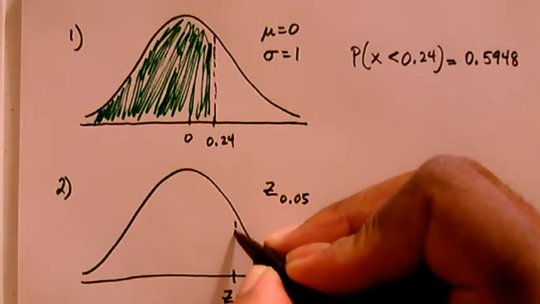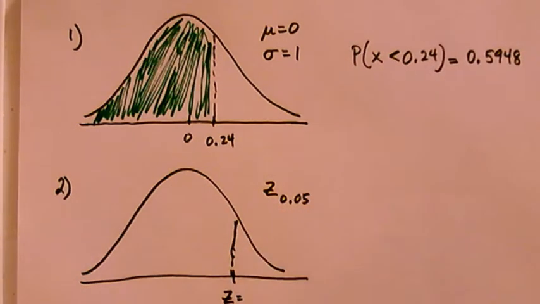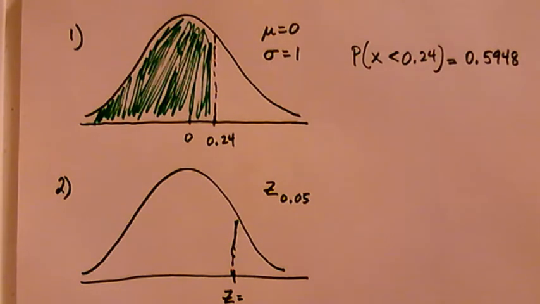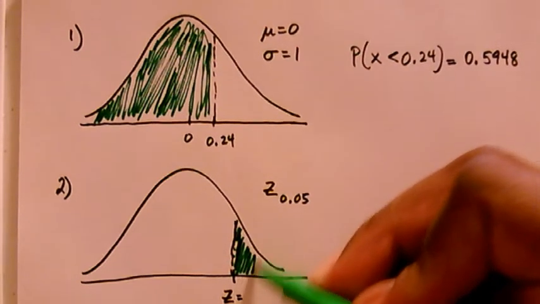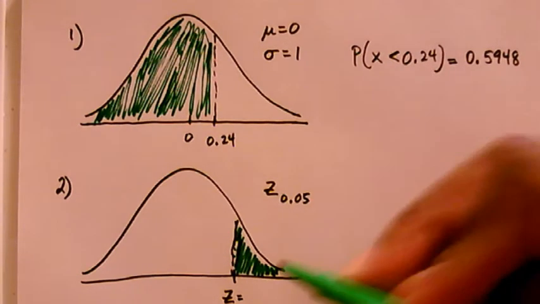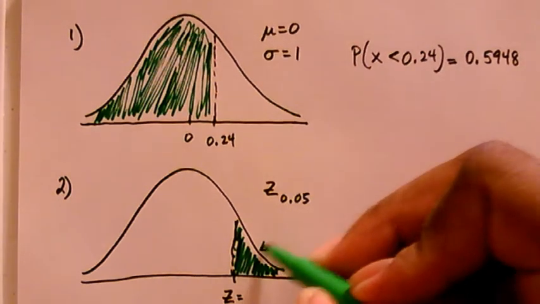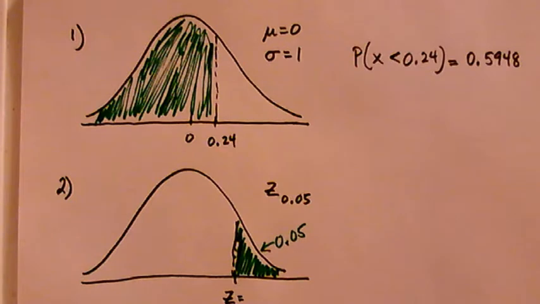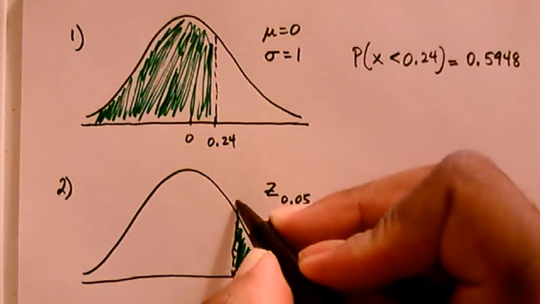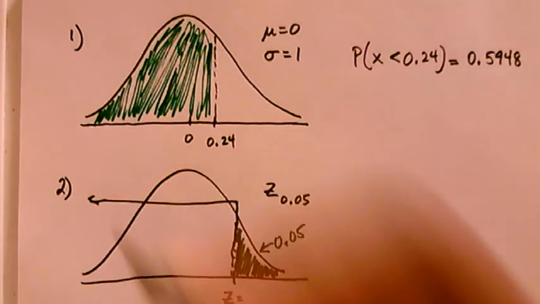Now the critical value deals with an area that is to the right. That 0.05 represents this area to the right. So this shaded area represents 0.05. Now if we're going to use table A-2, we must look for the area to the left.